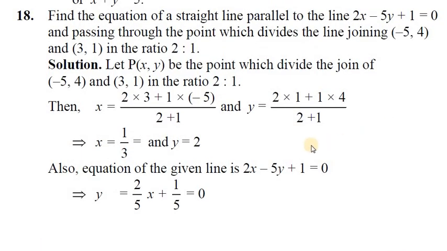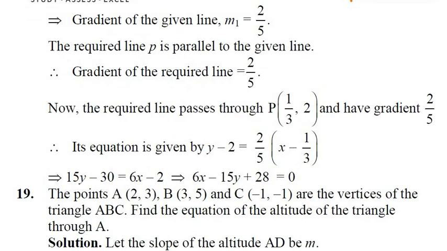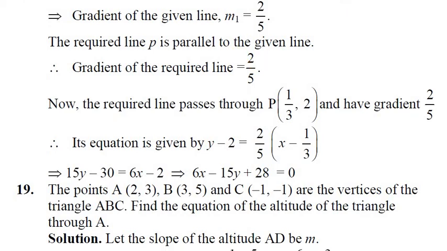To find the slope, we have to express the equation in slope intercept form, y is equal to mx plus c, and here we have the value of m as 2 by 5. So the slope of the line is 2 by 5.